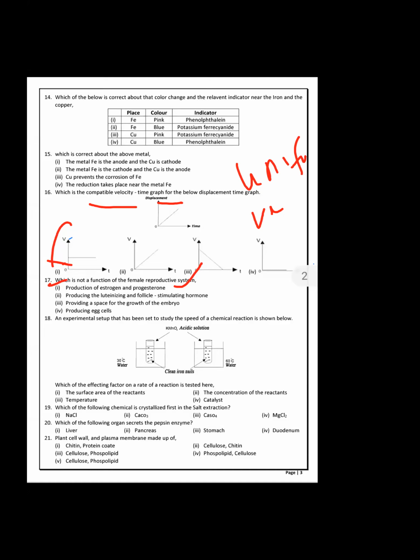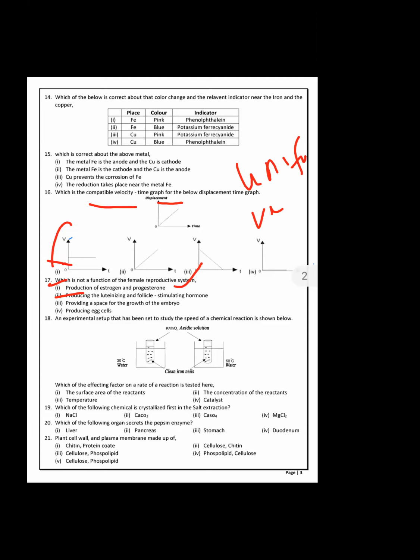Estrogen and progesterone can be produced in the female reproductive system, while the male reproductive system produces testosterone. Producing the luteinizing and follicle stimulating hormones, providing a space for the growth of embryo, yeah, that's correct. Producing egg cell. The not-function answer is the second one.